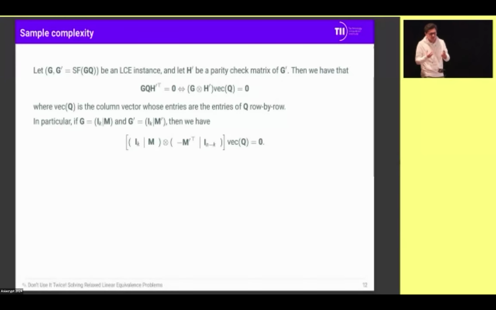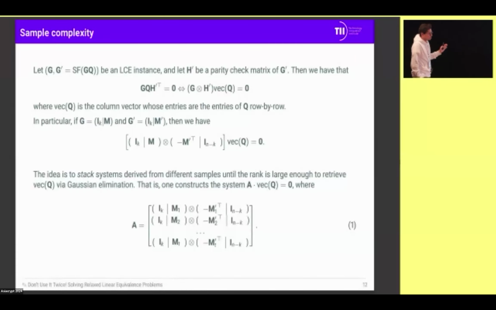In particular, in systematic form we have a really nice description, because then we know that G has that shape, identity appended with M, random M. And G' is similar, identity appended with M'. Here, the parity check matrix is just the negative of M transpose and the identity. That comes from the equation. We are just replacing the tensor product, the matrices H, G, and H'.